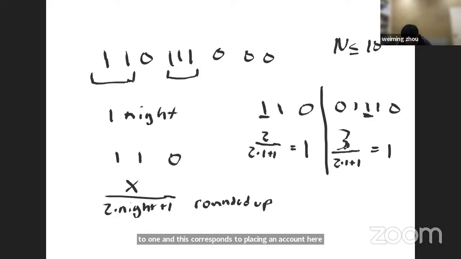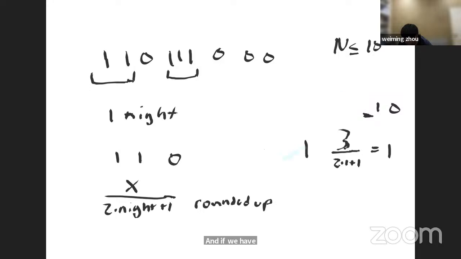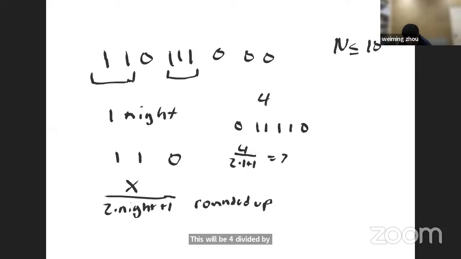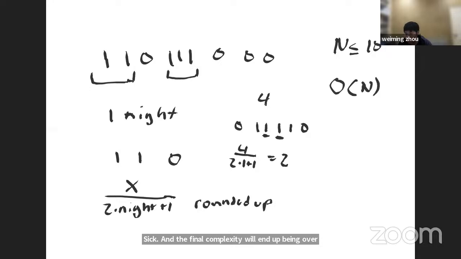And if we made the clump sizes a little bit bigger, let's say a clump of size 4, this will be 4 divided by 2 times 1 plus 1, which when rounded up is equal to 2, and this corresponds to placing a cow here and a cow here. And this is the minimum number of cows that it would take to get the entire string sick. And the final complexity will end up being O of n, since there can't be more than n clumps at the end of the day.